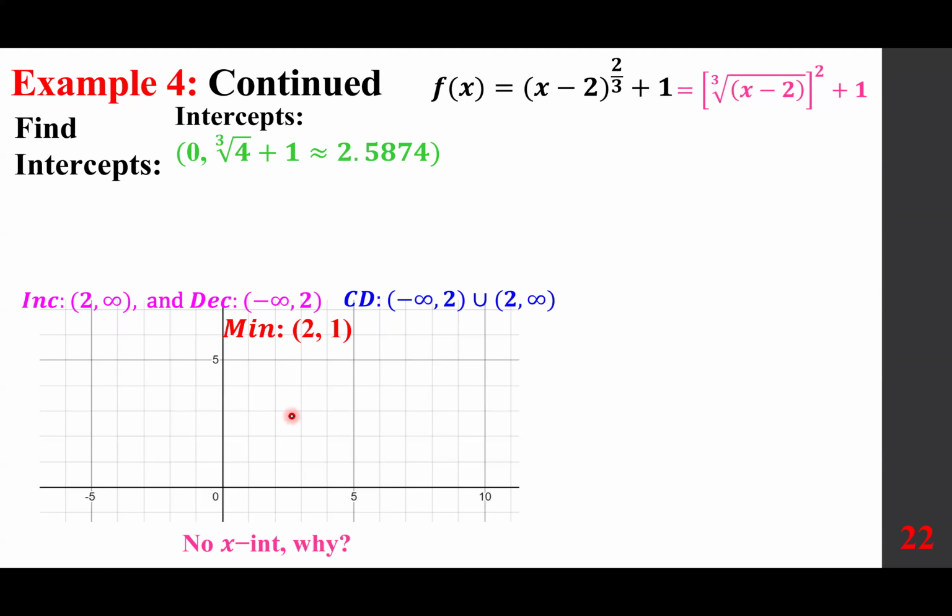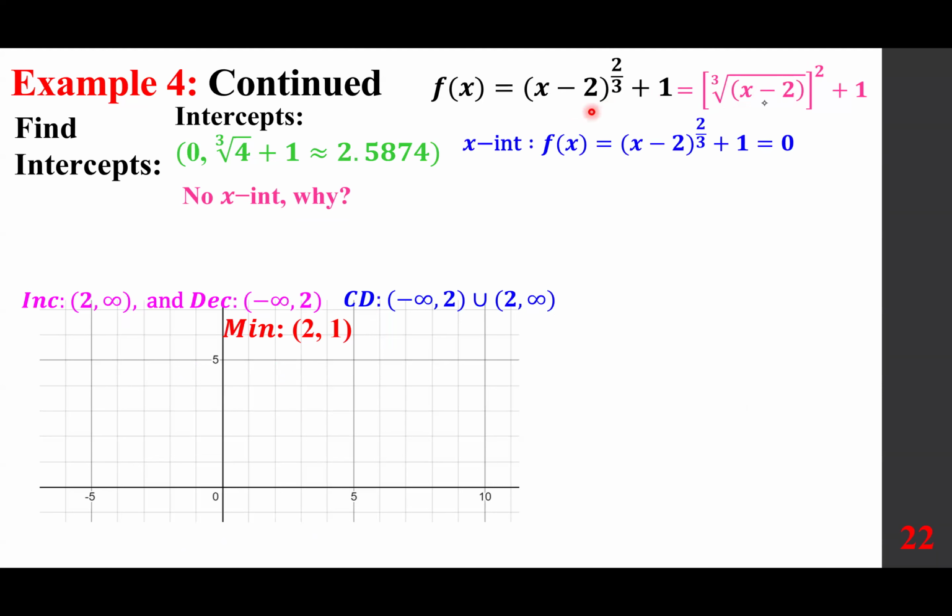X-intercept, we don't have any. Why not? Because x-intercept means set y or f of x equal to 0. So if we set this one equal to 0, this one makes no difference. Then you move the 1 and raise it to the power of 3.